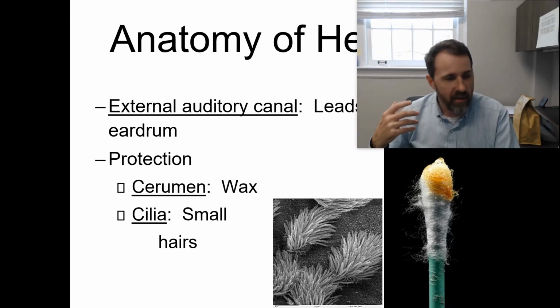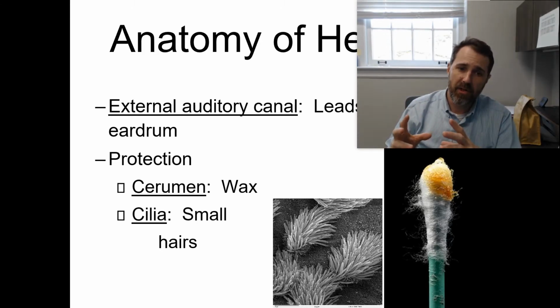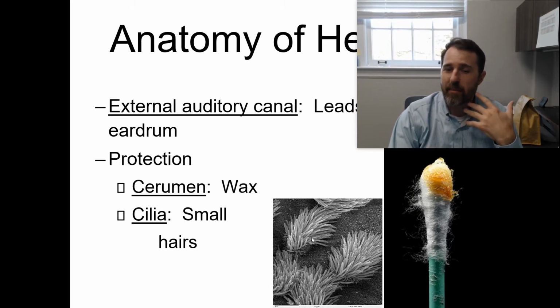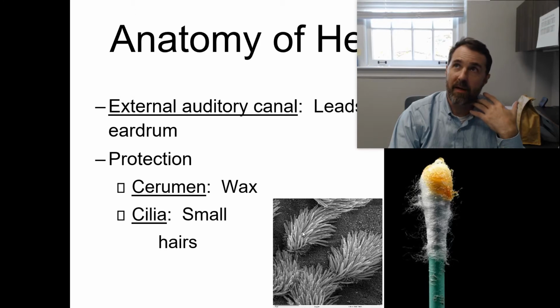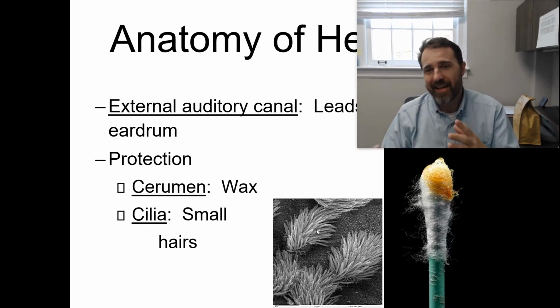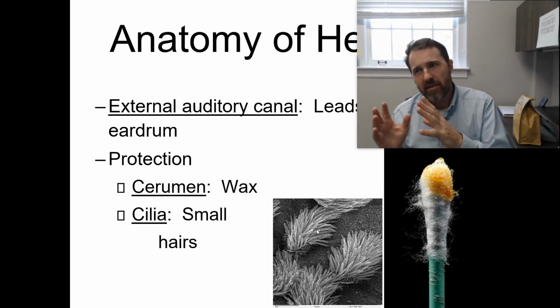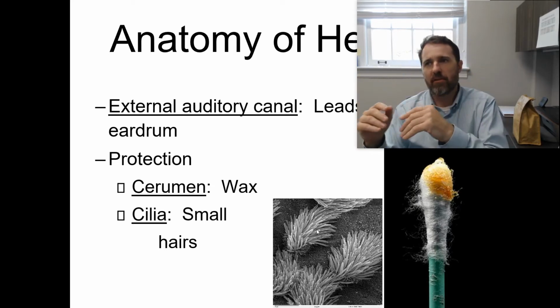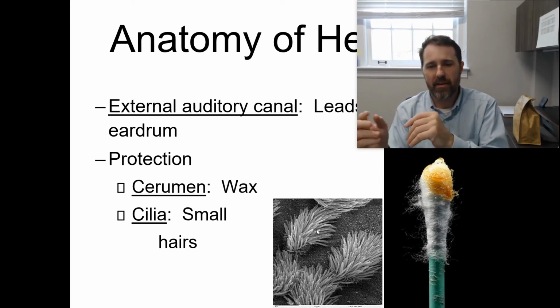The inside of the ear canal is ciliated tissue. So if you remember, we discussed ciliated epithelial tissue when we talked about the respiratory tract. And this is tissue where the superficial cells have these little flagella that wave like this.